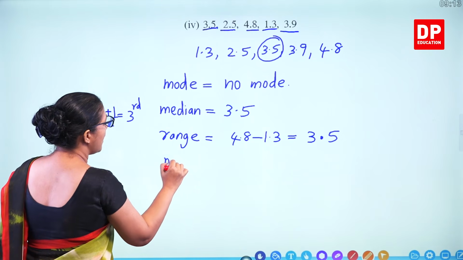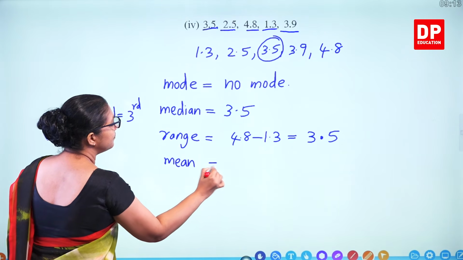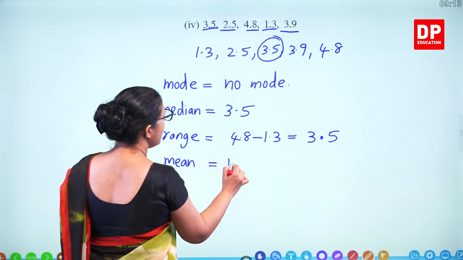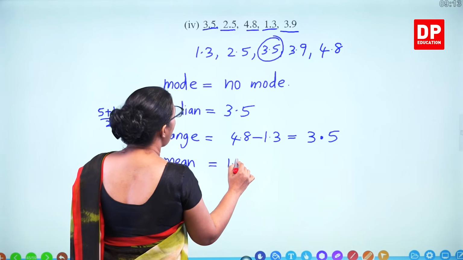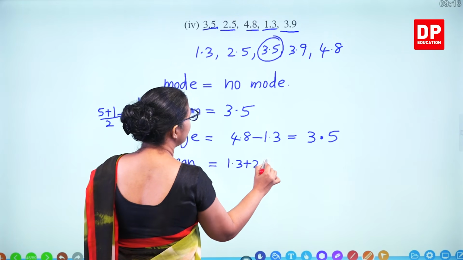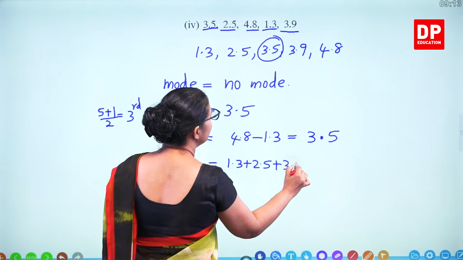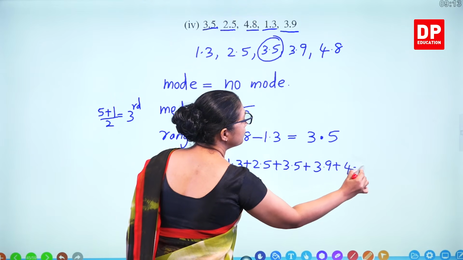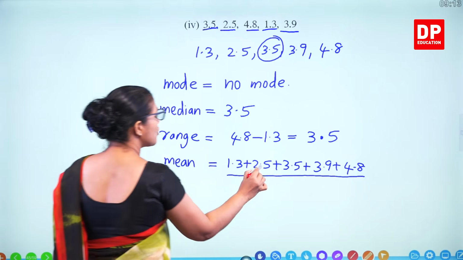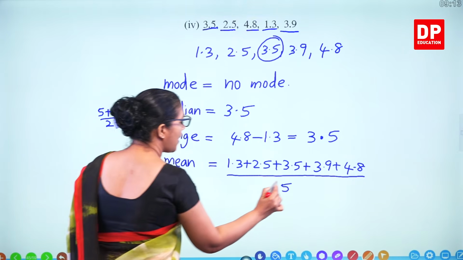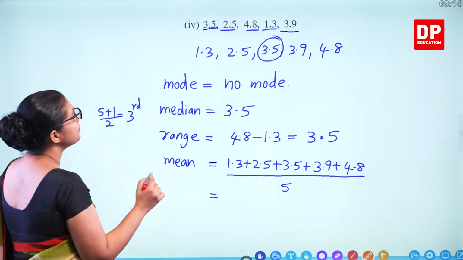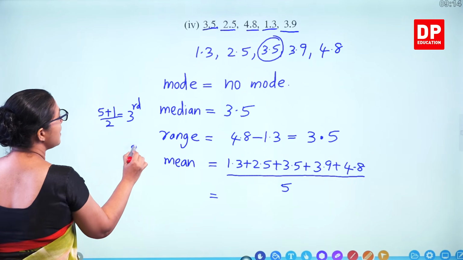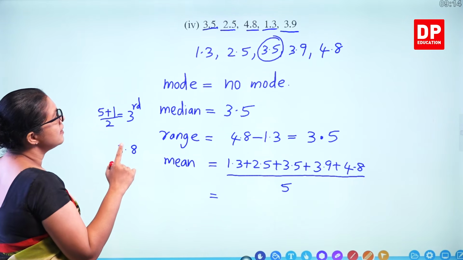And the mean value, add everything and divide by 5. So this is all together 1, 2, 3, 4, 5 divided by 5. So we'll add first two numbers 1.3 and 2.5, 3.8.